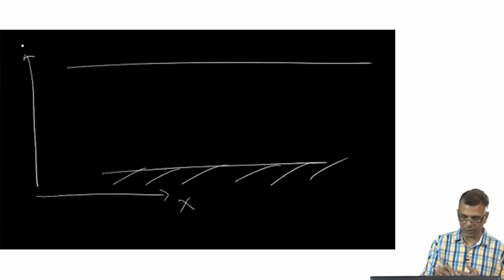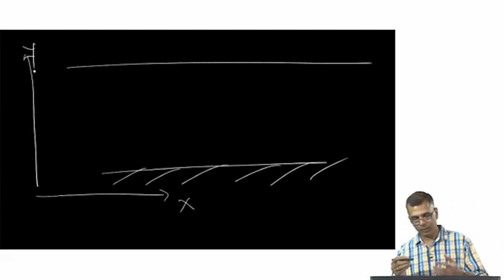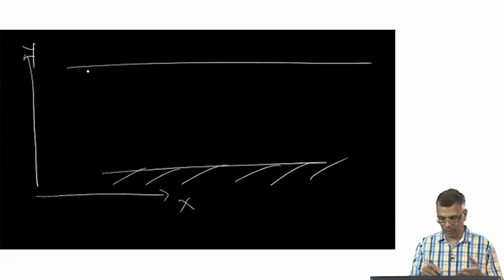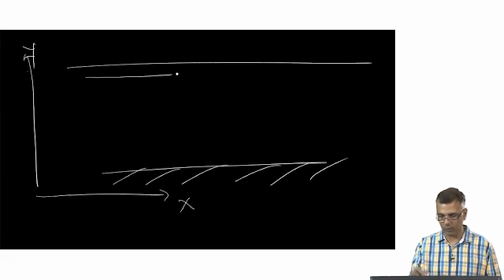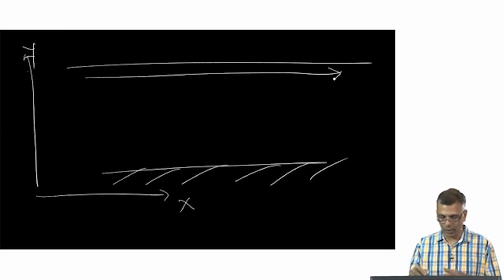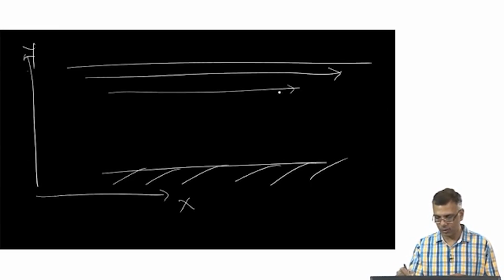This would be the x-axis and that would be the y-axis. Because the fluid is viscous, the x-directed velocity at this y would be something like this, and as you move down in y, it decreases. This is an example of a flow.